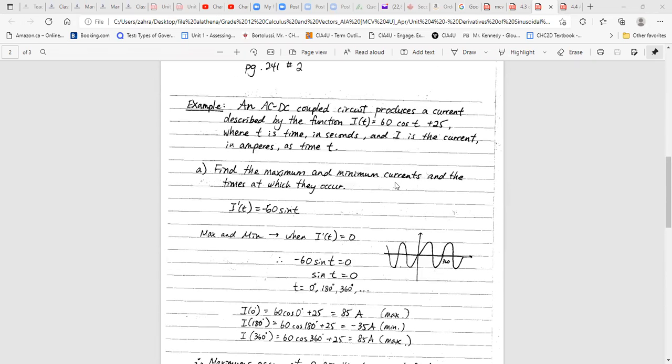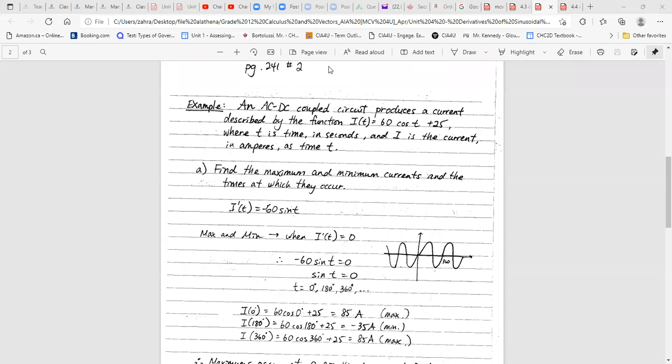Look at this question. An AC-DC coupled circuit produces a current described by this function: I equals 60 cosine t plus 25, where t is time in seconds and I is the current in amperes at time t. Find the maximum and minimum current and the times at which they occur.